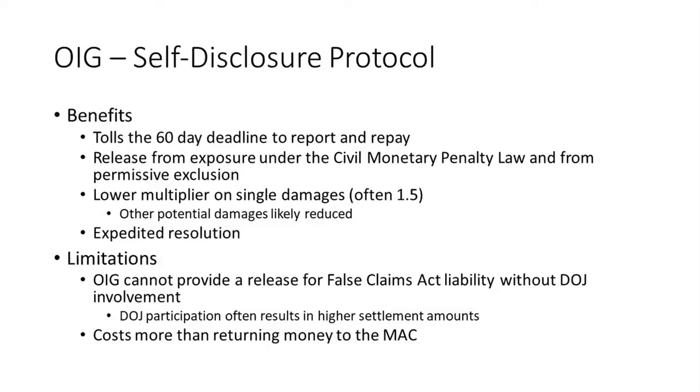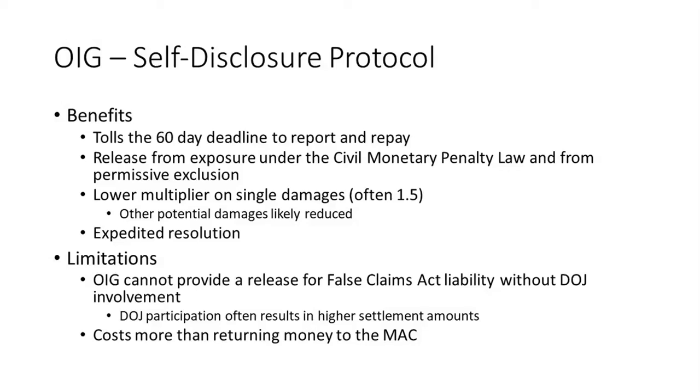So that can be a real benefit to individuals involved in this, to have that issue dealt with through OIG. There's a lower multiplier on single damages, often 1.5 times actual damages, which is better than it can be. Other potential damages are likely going to be reduced. And with OIG, you can usually get a pretty expedited resolution. So those are good things.